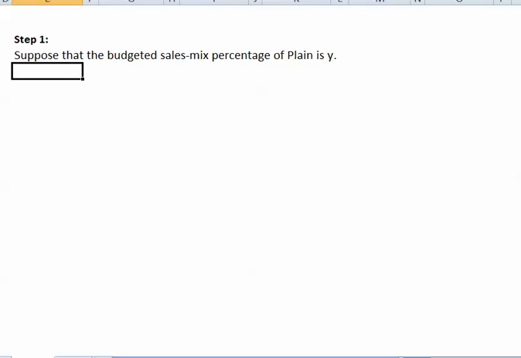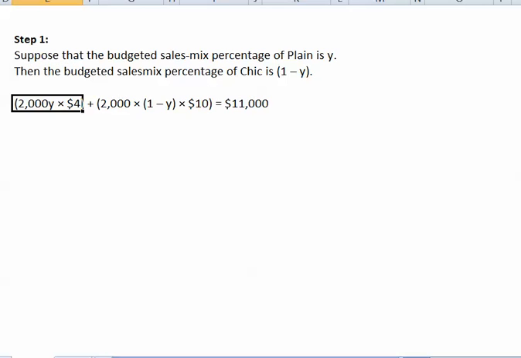We're going to do that with a little algebra. If we suppose that the budgeted sales mix percentage for plain glasses is given by y, then the sales mix for the chic will be 1 minus y, and we can set up an equation to solve for our total contribution margin. That's going to be 2,000 total glasses times y, the percentage for plain, times the $4 per unit contribution margin on plain, plus 2,000 total units times 1 minus y, the sales mix percentage for chic, times our contribution margin for chic of $10.